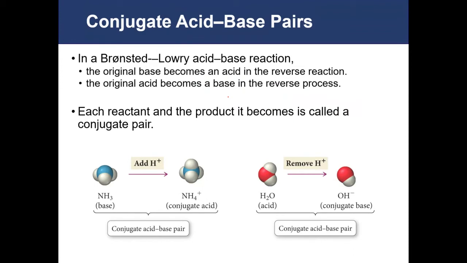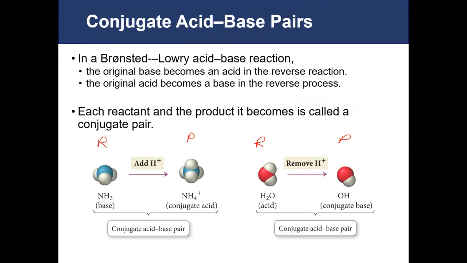You have its acid and its conjugate base. The acid will always be on the reactant side. It gives up or donates a proton to become the conjugate base on the product side. So the original acid and base are what will be on the reactant side. The conjugate is the component that will be on the product side.